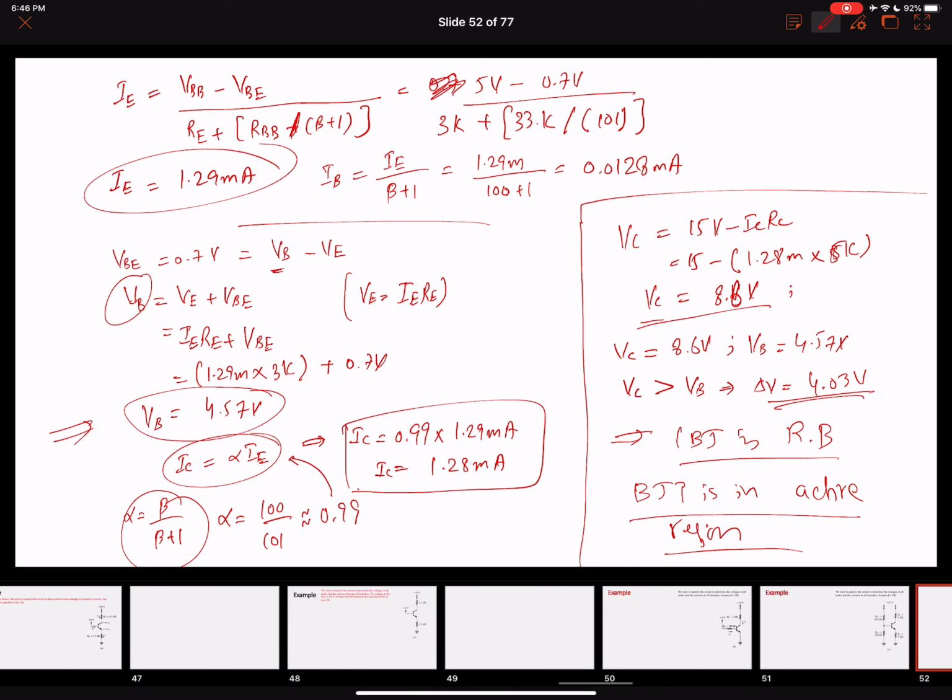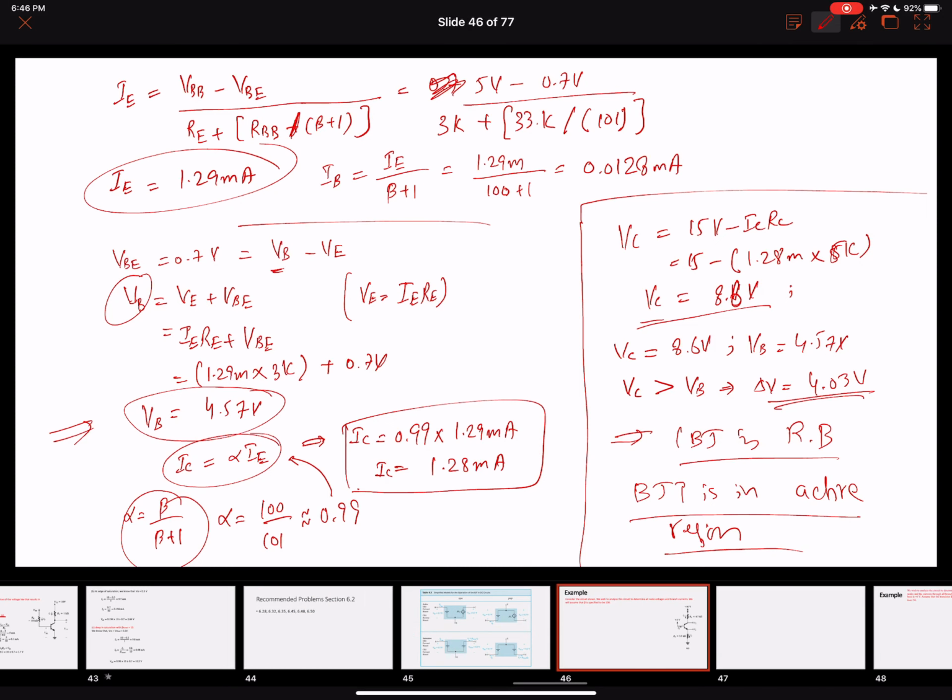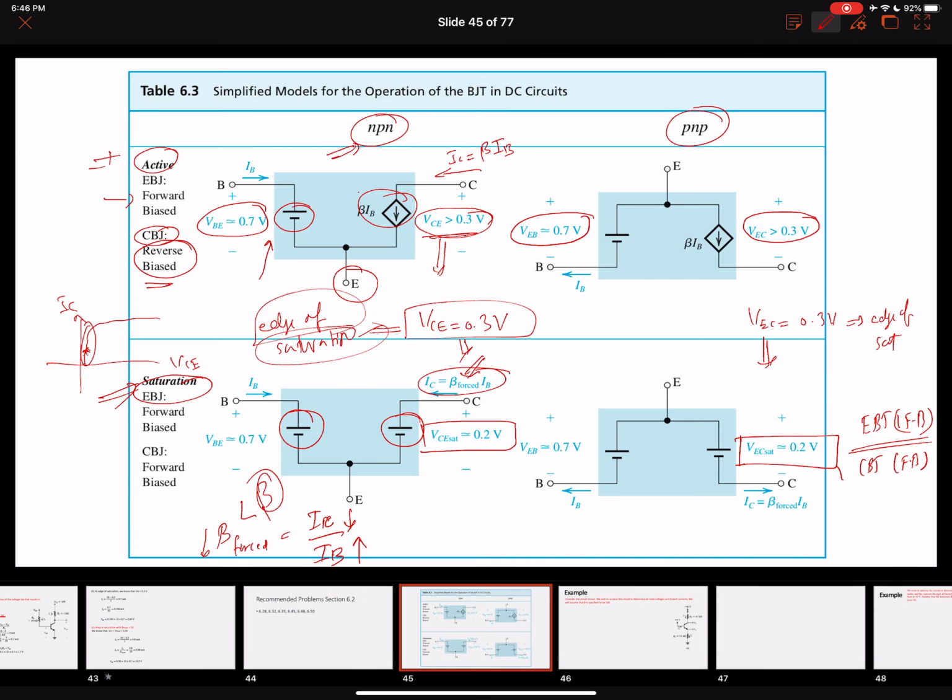Again, in order to solve any of these problems, you can always consider these very basic circuits. Our emitter to base junction in both transistors, NPN and PNP, in both regions of operation, active and saturation, is always forward biased, and we can replace that with a 0.7 volts constant voltage drop model of a diode.